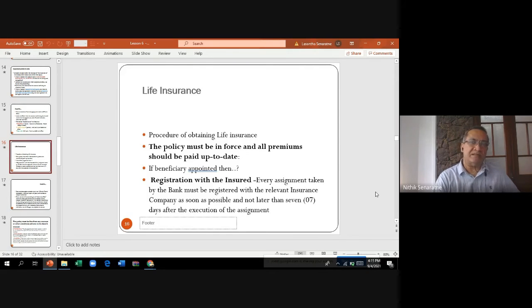So life insurance is good, but you have to ensure that life insurance is based on uberrima fides, and if the insured has not given the correct information at the time of opening the insurance, the insurance company can decline. Today I heard of an issue: when you are taking a life insurance policy, be careful when you fill the form.